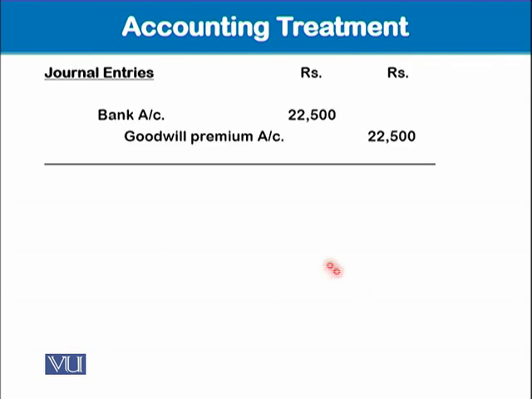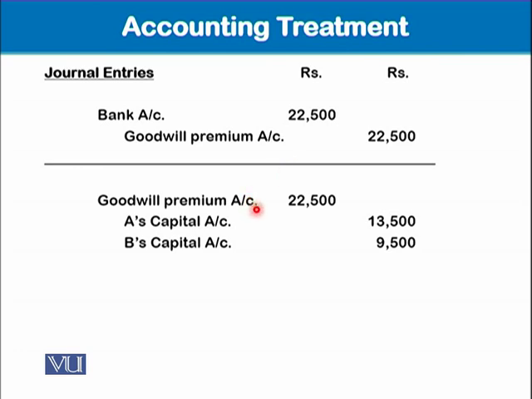So the accounting treatment will be, first of all, when we receive cash as goodwill premium, bank account debit and goodwill premium account credit. It will be credited temporarily, and then it will be debited at once. So both of these accounting entries will be required at the same time. We are receiving cash as goodwill premium, but in fact the old partners who are sacrificing have the right to this goodwill premium.